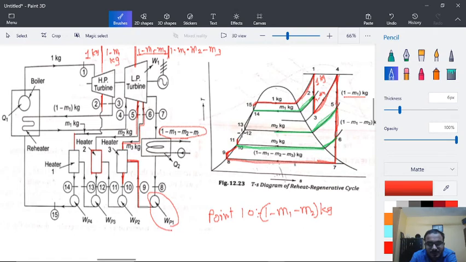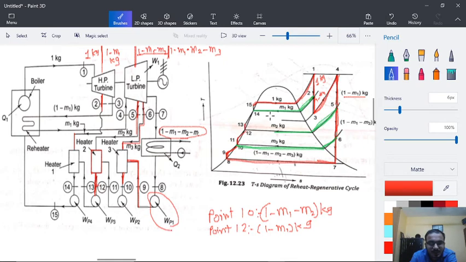So this m2 kg and this are being mixed, so we are getting point number 12. At point number 12, here we will have 1 minus m1 kg. This 1 minus m1 kg is pumped here, so from 12 we are getting point 13.